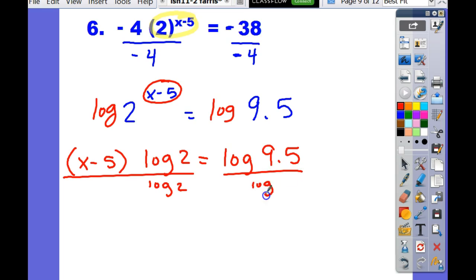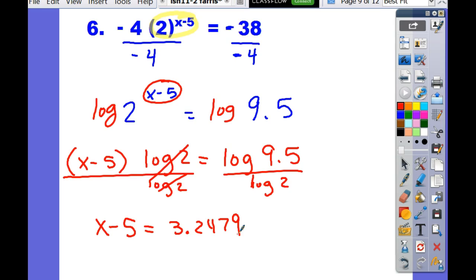Divide by the log of 2. Log of 9.5, close parentheses, divided by log of 2 comes out to be this decimal number.